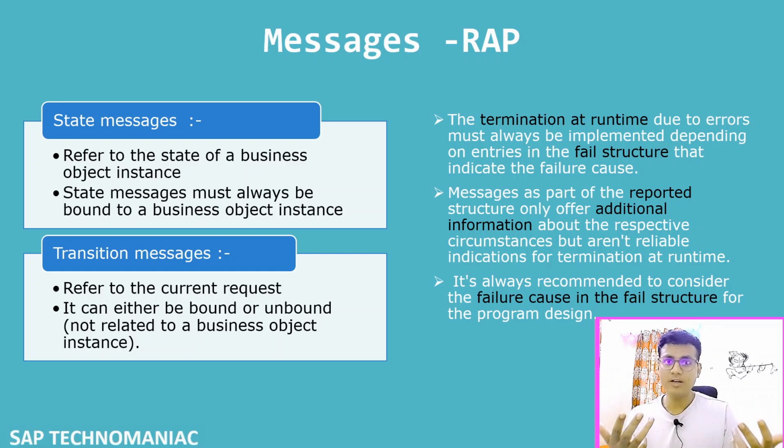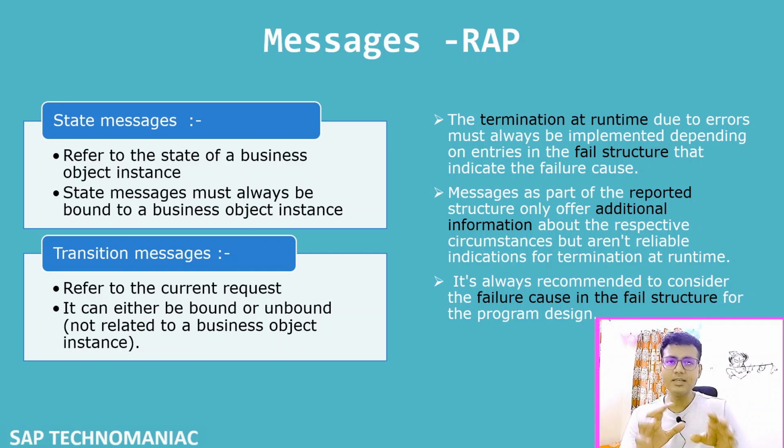If you are using the front end, it will be displayed immediately, and when you click on close, it will go away. And if you are calling from another business object and you have passed wrong data, then it will come as part of the reported structure.